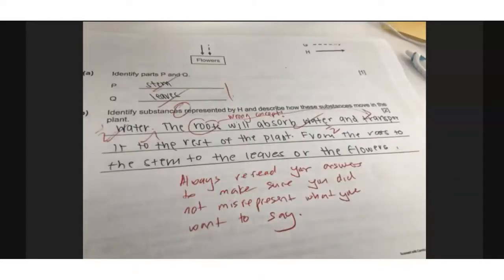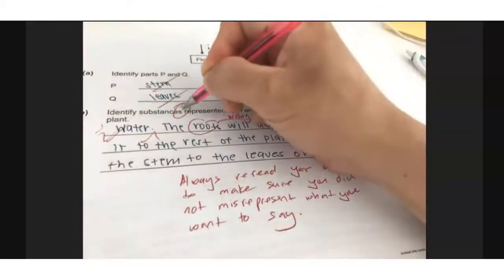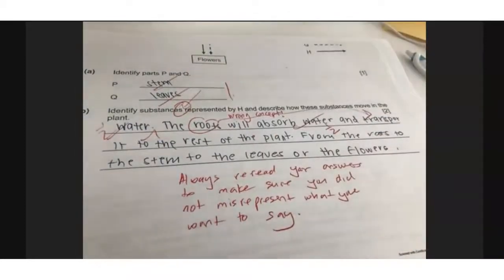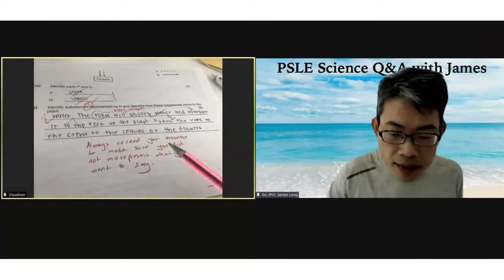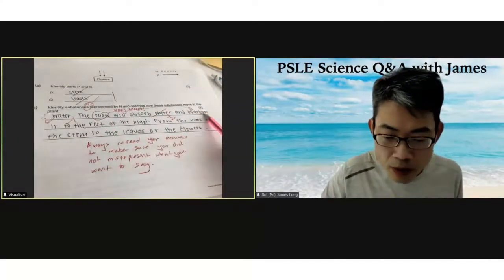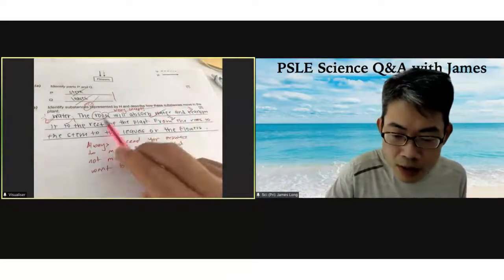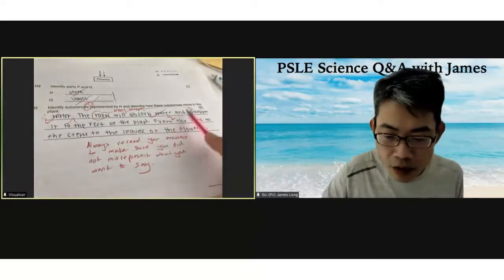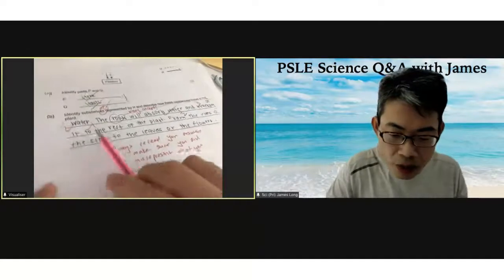But we cannot leave before looking at wrong concept. Now, words matter. Not just our words matter, the words in the question, your words matter too. If you are going to say that roots transport this water, you see, roots absorb water and transport it to the rest of the plant.